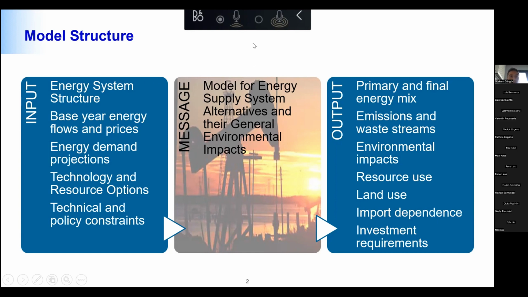You first have to define the baseline energy system structure, from resources to primary energy sources, which are extracted from nature, the secondary energy resources, which are the conversion of primary energy resources like electricity or fuel and oil products, and after that final energy, and eventually useful energy, which we use in our daily lives, in production, in industry.